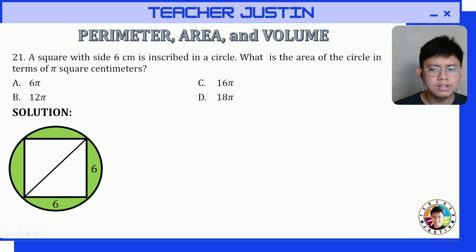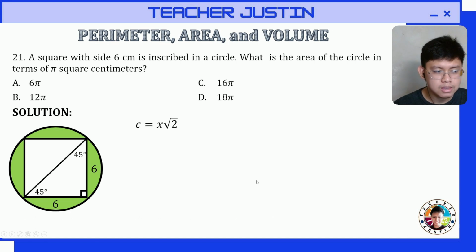So, to get the diagonal of a square, okay, makakabuo tayo dito ng right triangle. Okay, mapapansin nyo, makakabuo tayo dito ng 45, 45, 90 na right triangle. So, it will be a special right triangle kasi meron tayong formula to get the hypotenuse of that special right triangle.